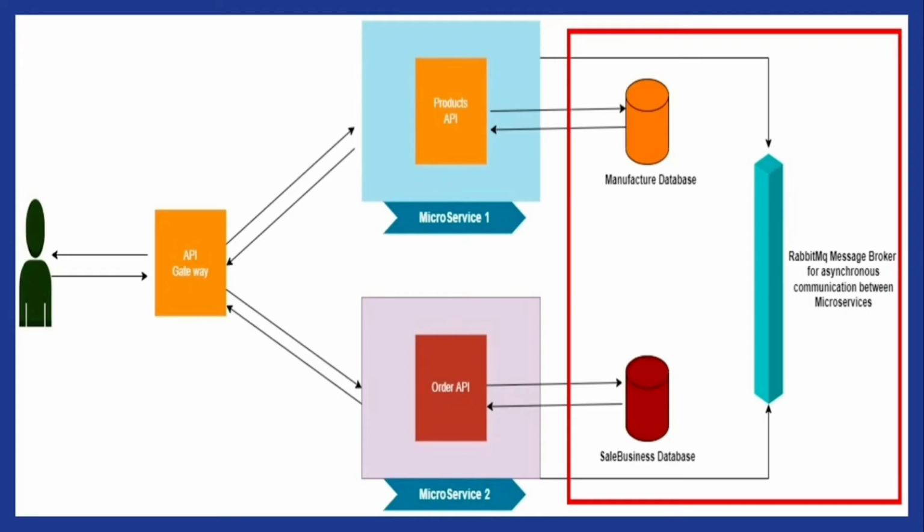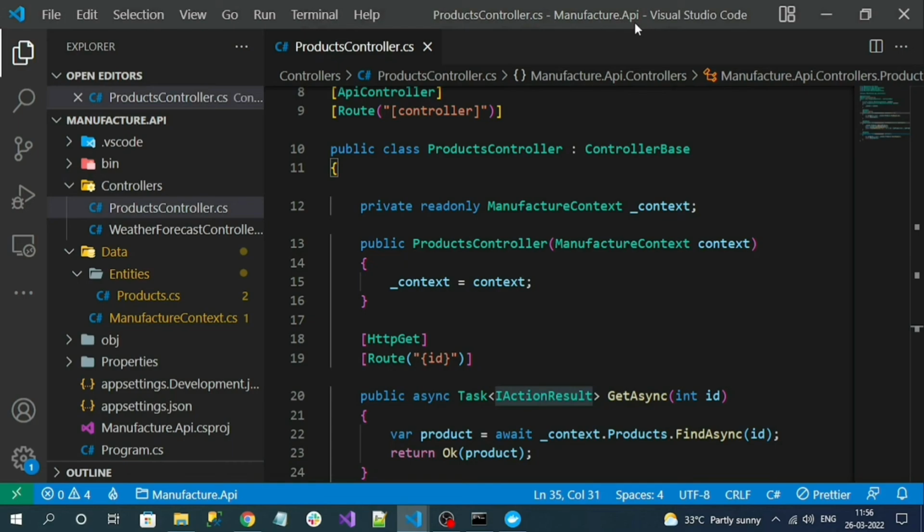Now first let's try to configure the publisher in the products endpoint. To configure the publisher, let's go to our Manufacturer.API application. Here we want to configure the publisher, which is going to communicate with the RabbitMQ to publish some message.